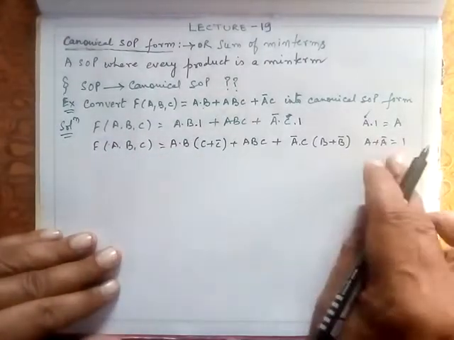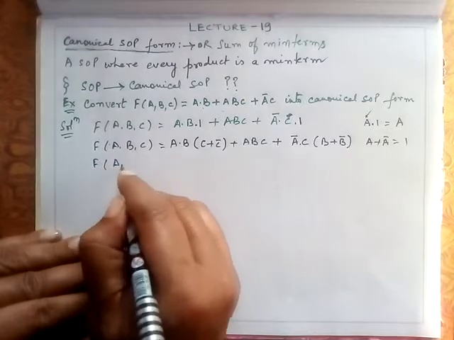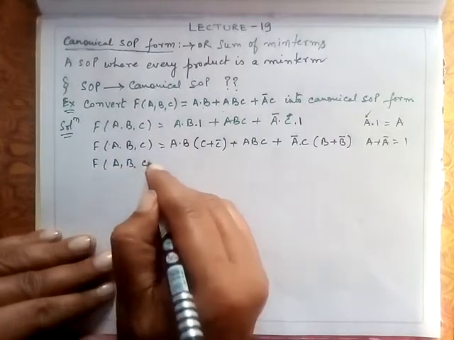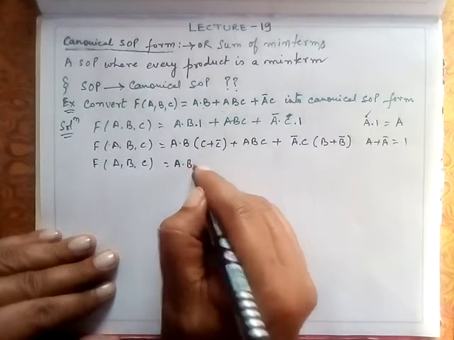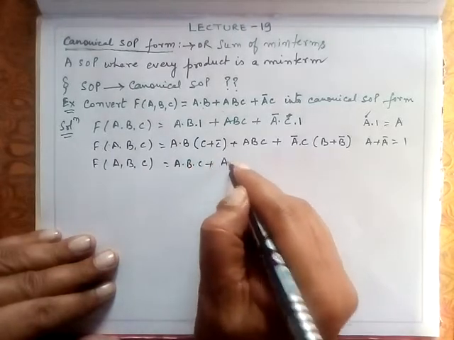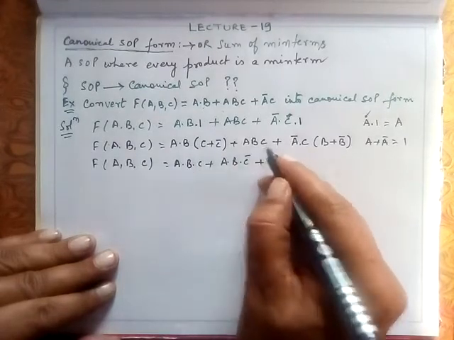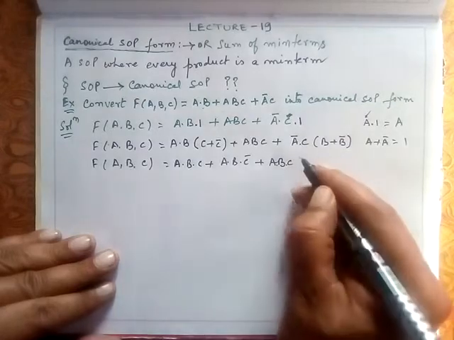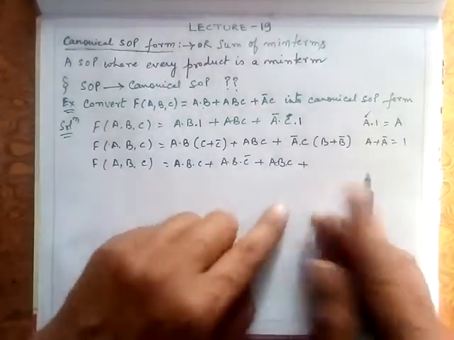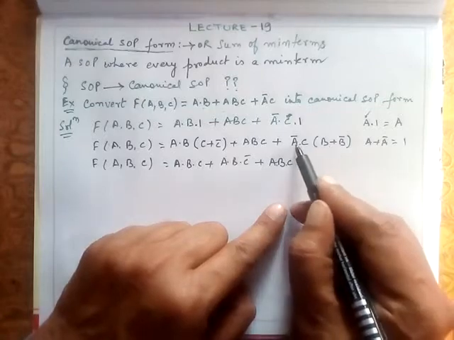Now I expand these brackets here. So I can say that F, which is a function of ABC, is equal to A dot B dot C plus A dot B dot C bar plus this ABC as it is, dot by default, plus, now I can write this A bar CB also as A bar BC.